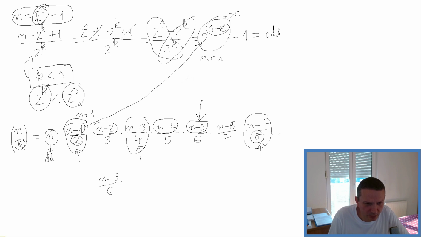So actually we need to prove why n minus 5, we know that it is even, that it is divisible by 2.